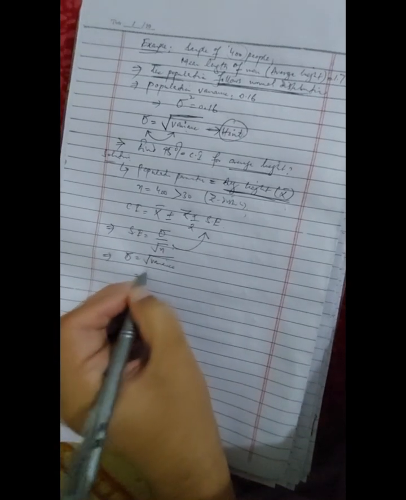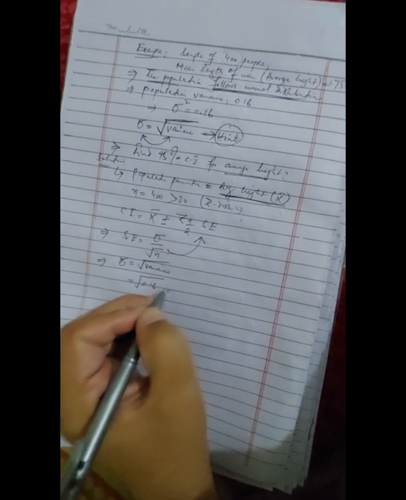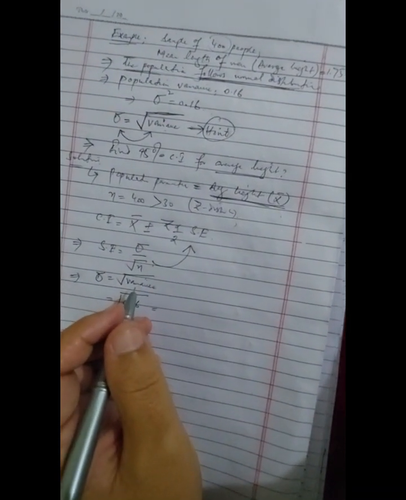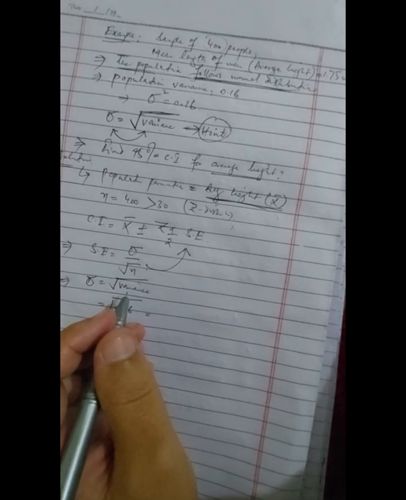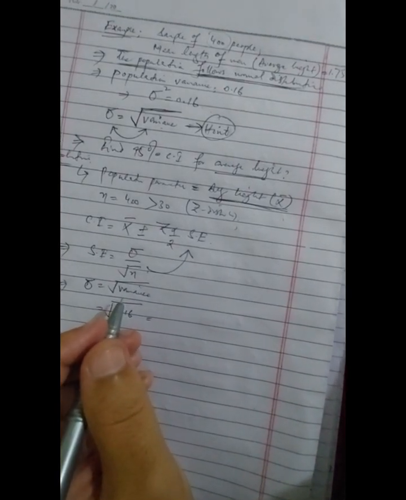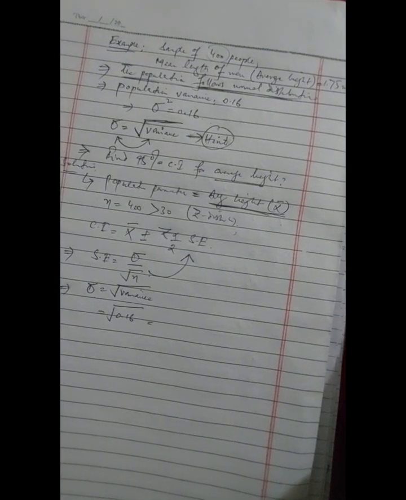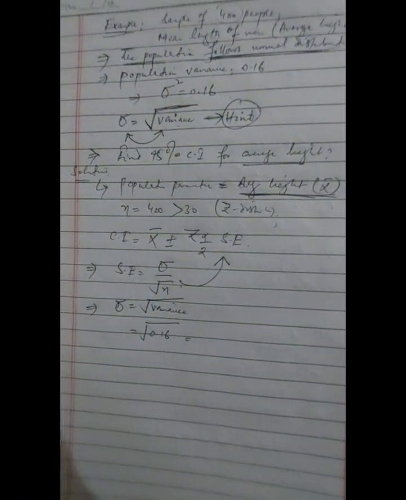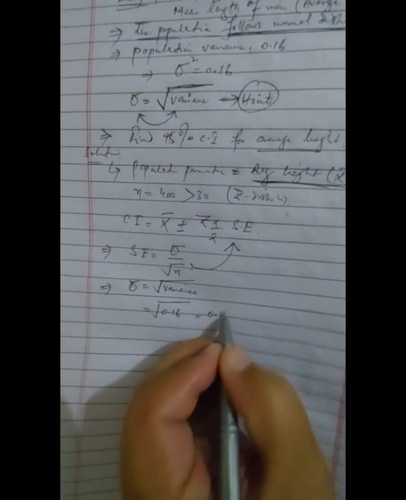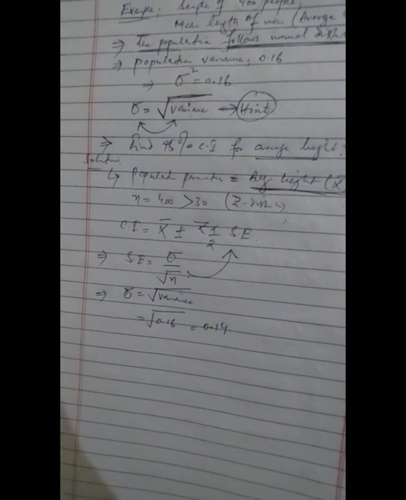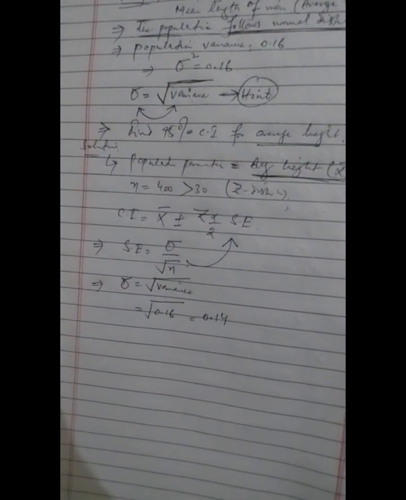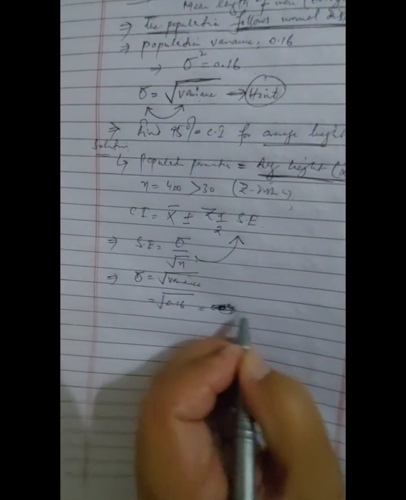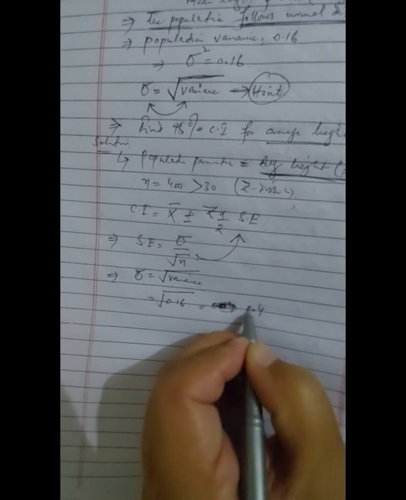Now under the root 0.16, let me calculate it. Under the root 0.16 gives a value of 0.14. Sorry, 0.4, not 0.14 but 0.4.